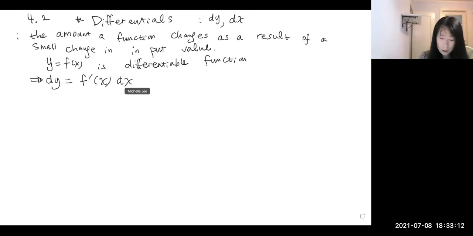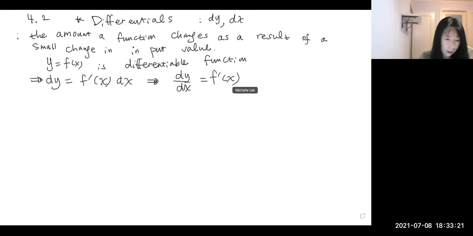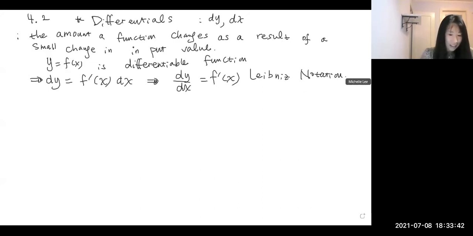Then we've seen this before: dy over dx equal to f prime of x. We call this Leibniz notation. It's hard to pronounce. Leibniz, right? Leibniz notation. Is it correct? Leibniz. Oh, it's very hard. Then look, we call dy and dx differentials. Okay, I wrote it down already.